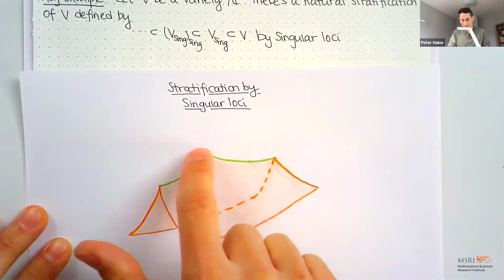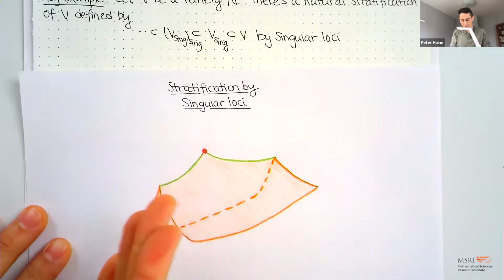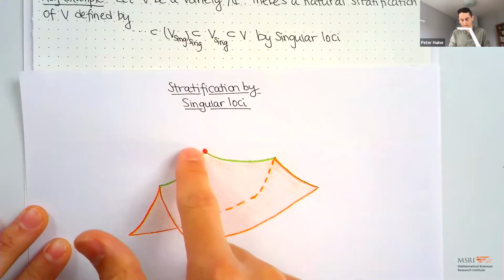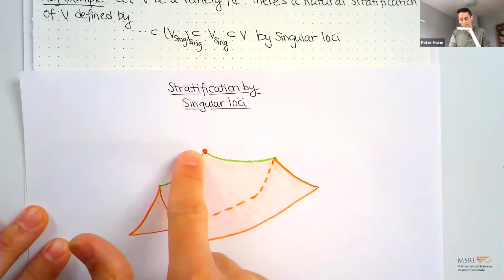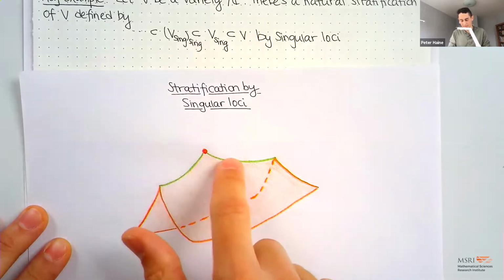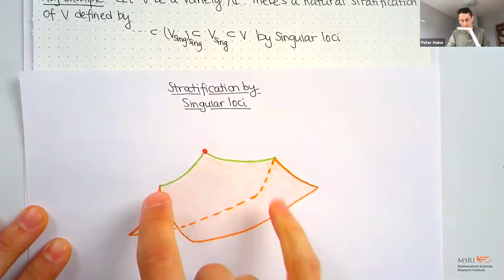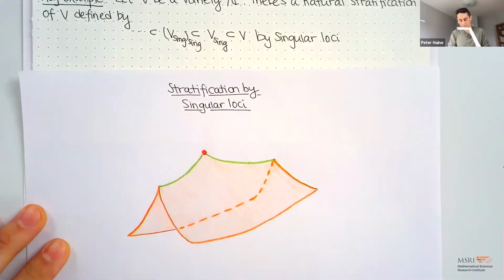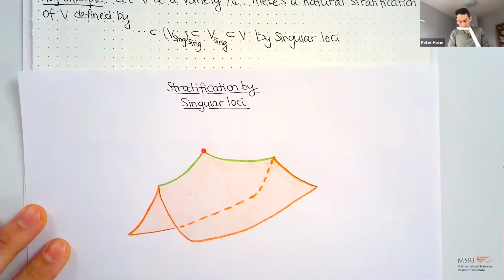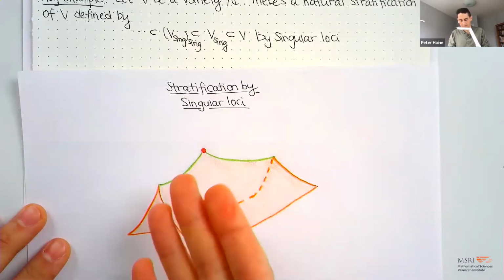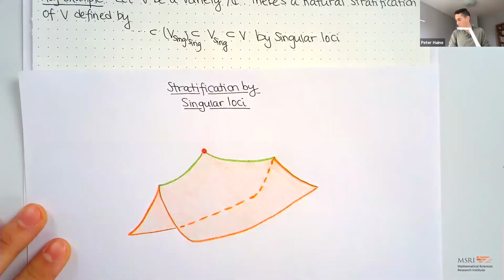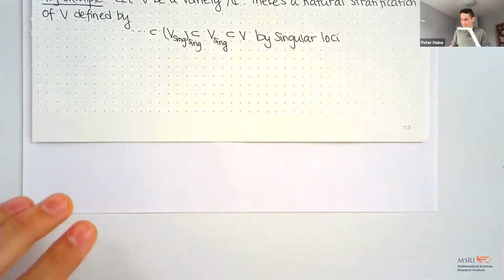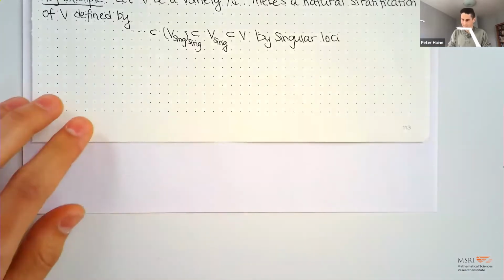But that still is not smooth because the green pieces meet in a singular point. But if you go down to the red piece, that is smooth. And all of these pieces individually, the red piece by itself, the green piece, and then the orange, are all smooth by themselves. So it's a way of breaking your singular variety up into smooth sub-varieties.